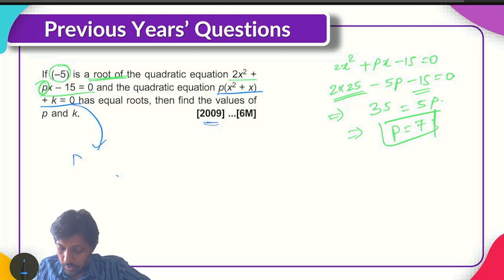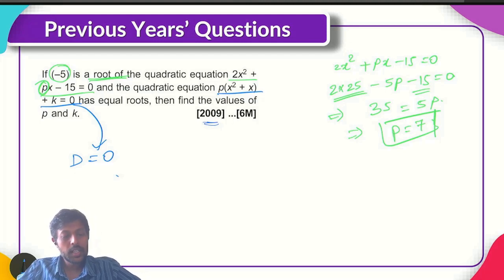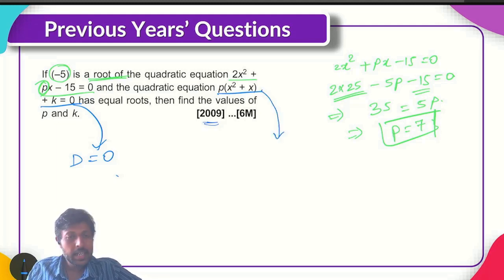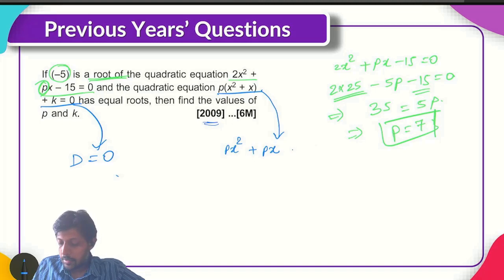So from here we say that discriminant must be 0, and we write the expression for discriminant, which is b square minus 4ac has to be 0. But before we do that, it seems we'll have to convert it into the standard form first. Px square plus px plus k equal to 0. Now it is in the standard form, alright?